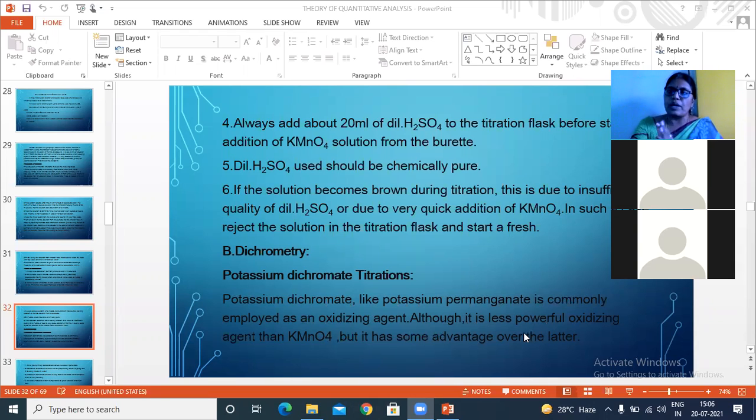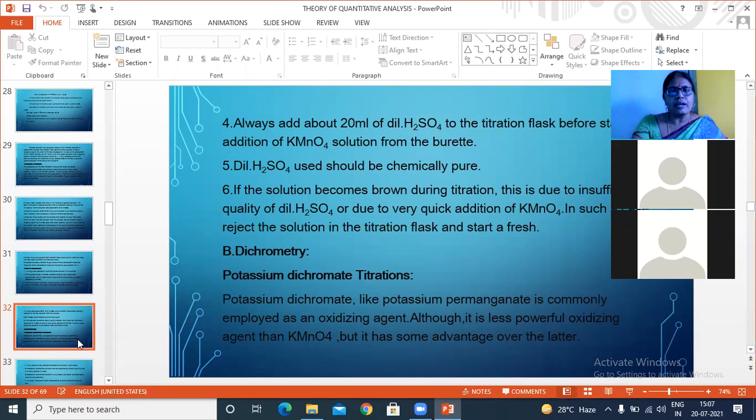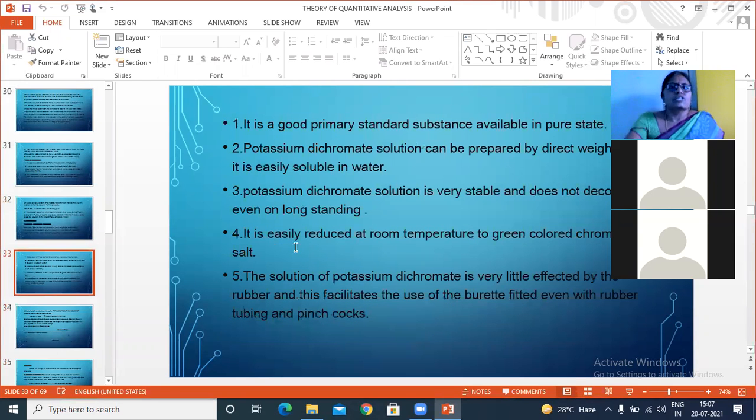If you compare the oxidizing capacity, potassium permanganate is more powerful than potassium dichromate. Even though dichromate has less oxidizing power, what are the advantages, and why do we use it? What are the main advantages of potassium dichromate?